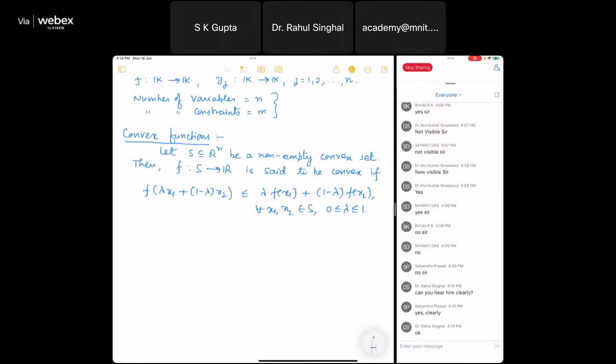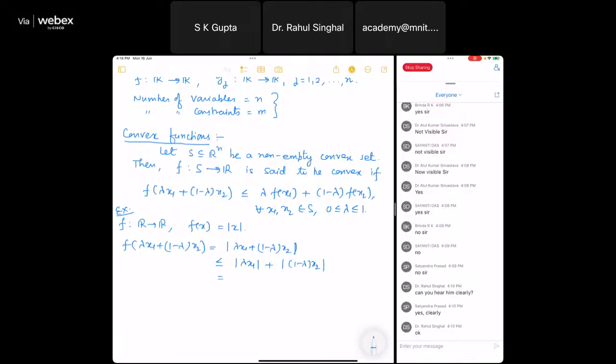For example, you can see a simple example. Consider a function from R to R, and the function is simply f(x) equal to mod x. Now if you take f of lambda x1 plus 1 minus lambda x2, by the definition of f it will be mod of lambda x1 plus 1 minus lambda x2, which is less than or equal to mod of lambda x1 plus mod of 1 minus lambda x2.